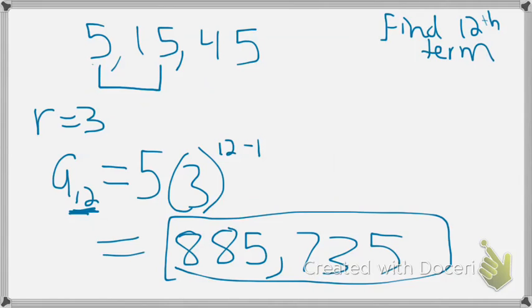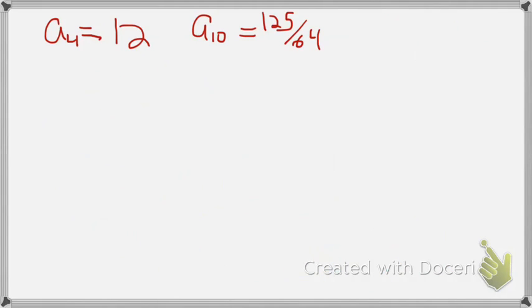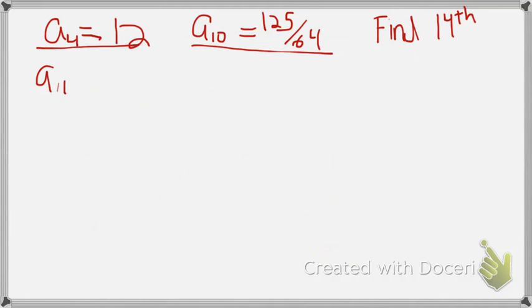Okay, we've got that. So we are given the 4th term as well as the 10th term. We are asked to find the 14th term. So we go ahead and set up our formula: a sub 10 equals a sub 4 times r to the 6th.